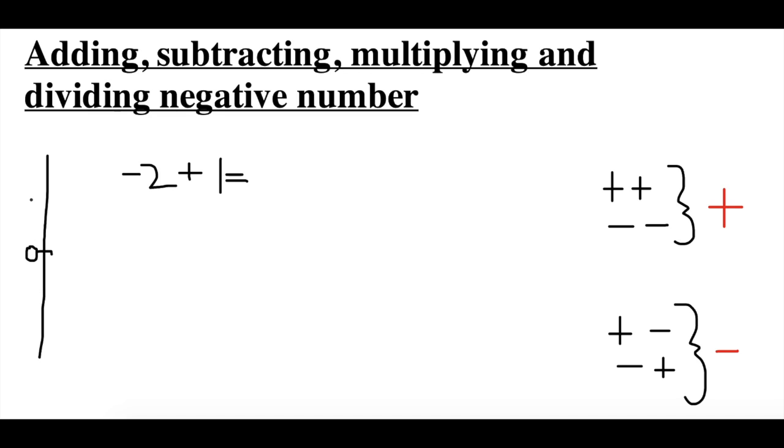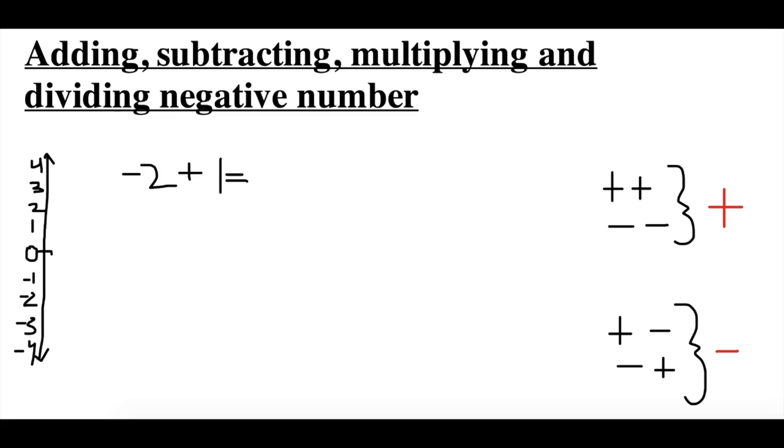As we go up from 0, all the numbers are positive and they increase. So 1, 2, 3, 4 and so on. And as we go down from 0, all the numbers are negative and they decrease as we go down. So -1, -2, -3, -4 and so on.